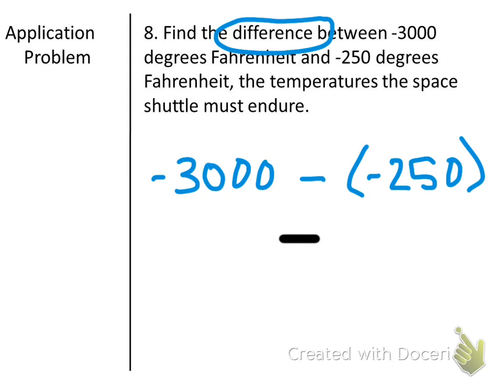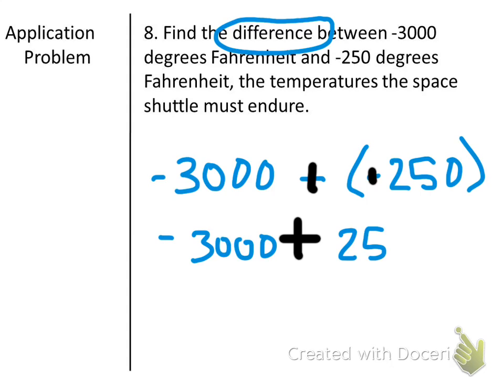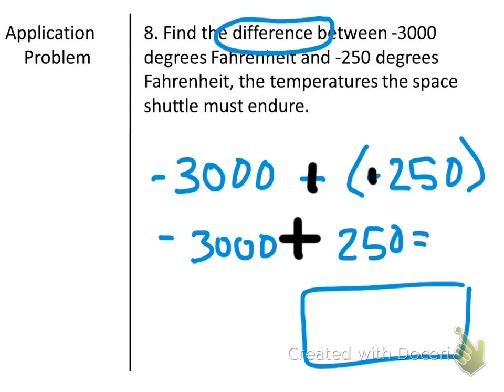What does that mean? Plus. So I'm going to have -3,000 plus 250 equals... That's correct. It's -2,750 degrees Fahrenheit.